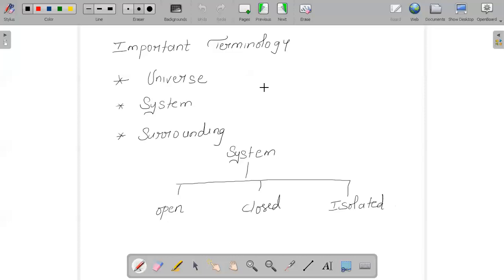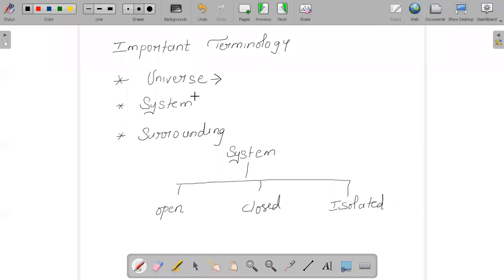So the important terminology which we will be coming across in this chapter is, first, universe. Immediately the question arises, why universe? See, the entire part that is surrounding us, we call it the universe.